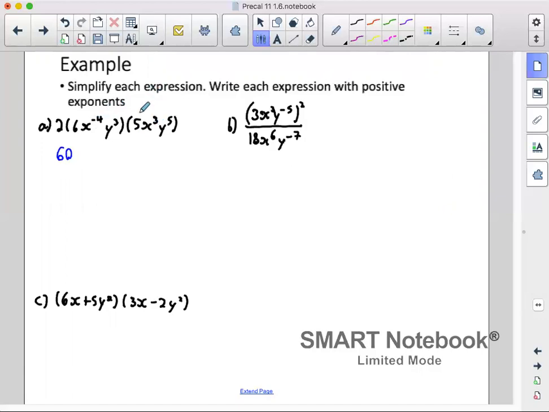So we have negative 4 plus 3, which would be x to the negative 1. y cubed times y to the 5 would be y to the 8. Now, it states with positive exponents. If something's a negative exponent, it moves to our denominator. So we've got 60 y to the 8 over x.